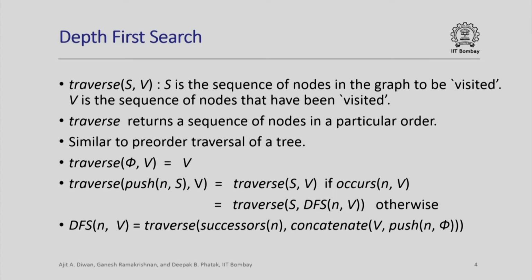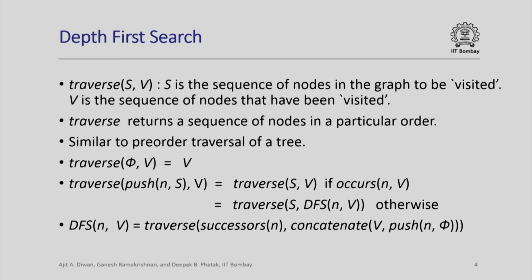Otherwise, we will do what is called depth first search starting from node n and with the set of visited nodes V, and take that as our new set of visited nodes. So, the set of visited nodes is expanded starting from this new node n.